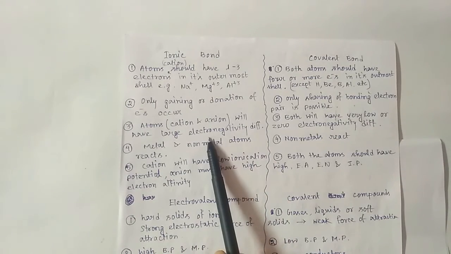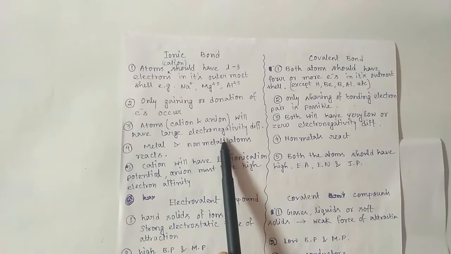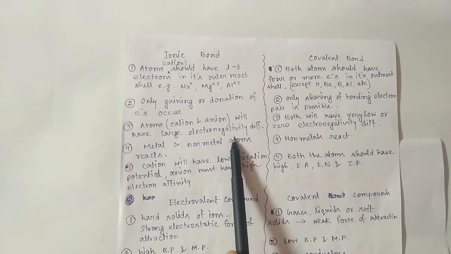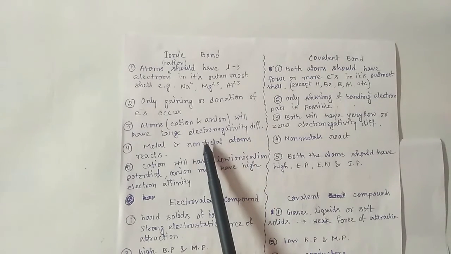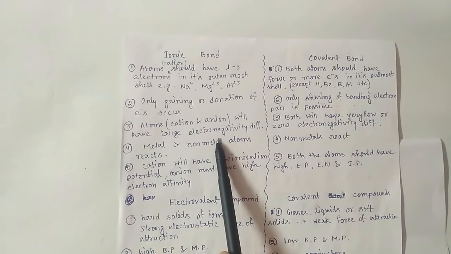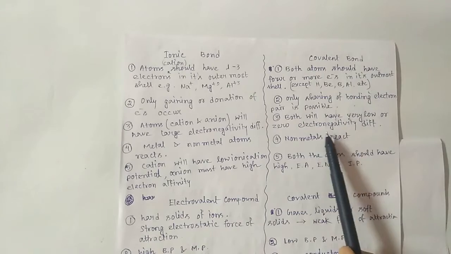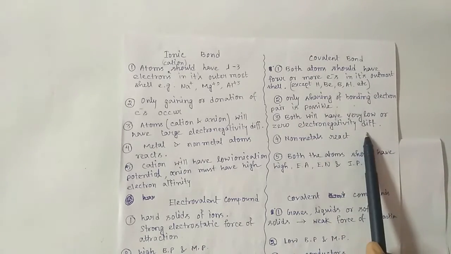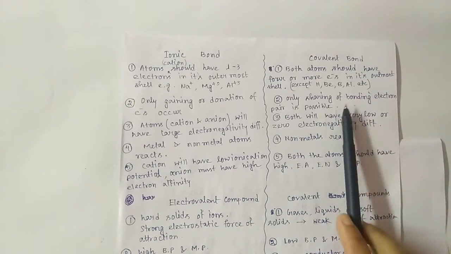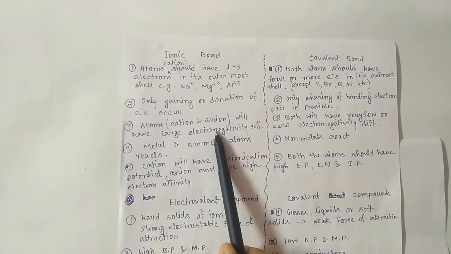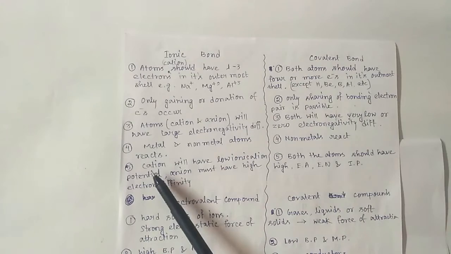I hope you relate this to what I told you earlier, that the electronegativity difference determines bond characteristics. What the bond between two atoms will be depends on electronegativity. If there is a very low or zero electronegativity difference, the two atoms will create a covalent bond, while if there is a large electronegativity difference, there will be an ionic bond between the two atoms.